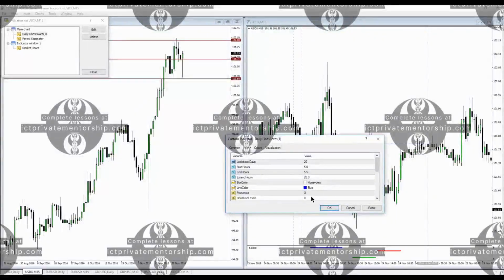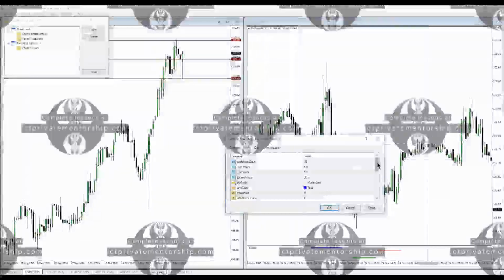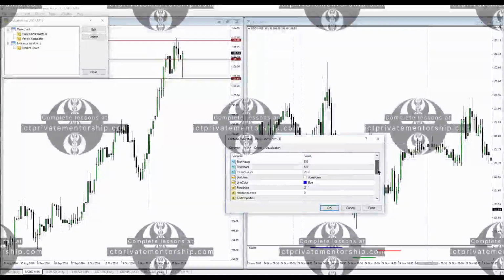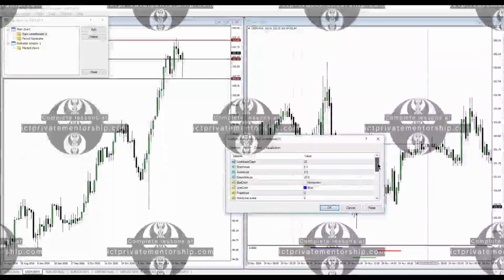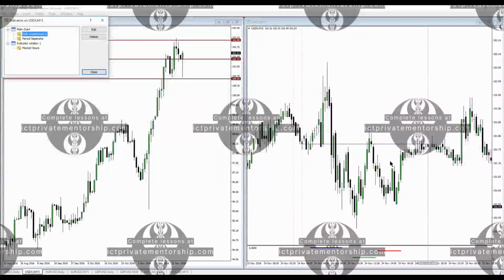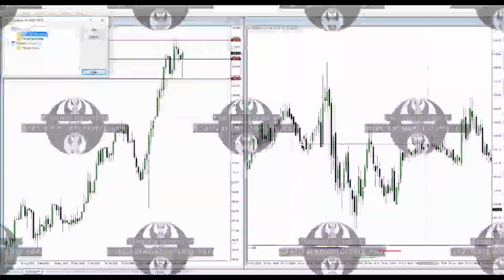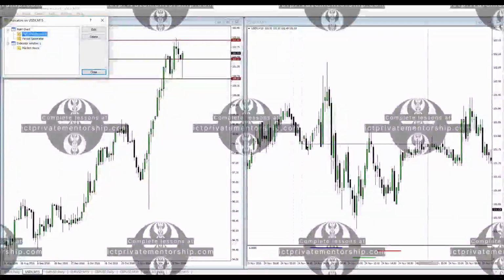And the horizontal levels, I'm not really sure what that's all about, but the other settings are as you see here. Nothing else is changed by me down here. When you do that, it'll populate all of your days with the midnight opening at 5 GMT.